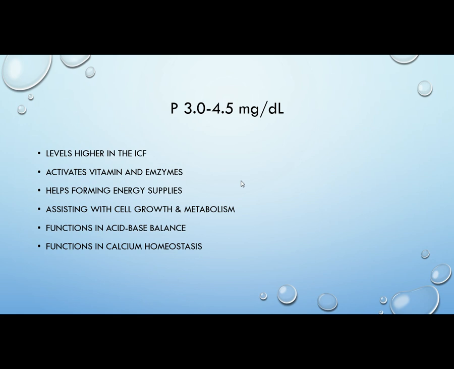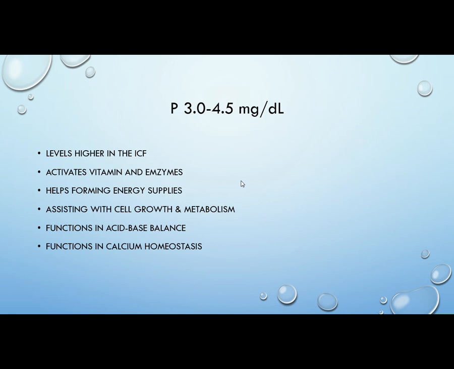Okay, phosphorus and calcium are intertwined with a reciprocal relationship. So whichever way one level changes, the other changes in the opposite direction in the same amount. So if your phosphorus is high, your calcium is low, okay, and vice versa.